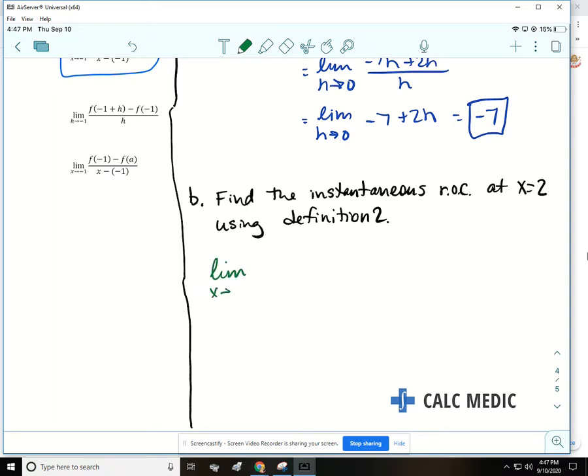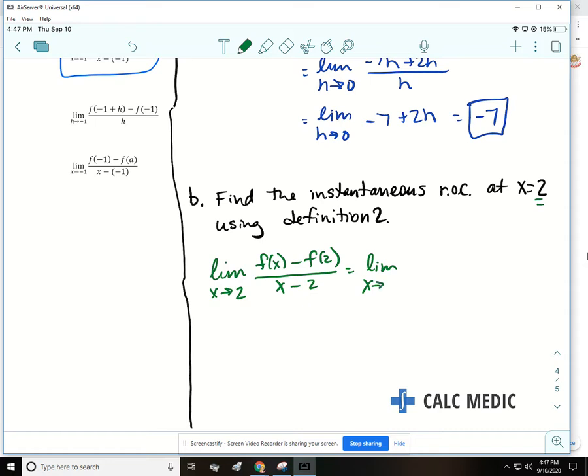This time, x is going to approach our anchor point at 2. Then it's going to be f of x minus f of 2 over x minus 2. Now, honestly, I kind of like doing this one better. There are times when we won't be able to use it, like later on, but when we're finding the instantaneous rate of change at an actual value, and we have to use a limit definition, I would definitely use this one. It's easier.